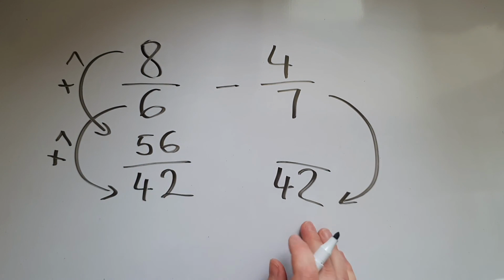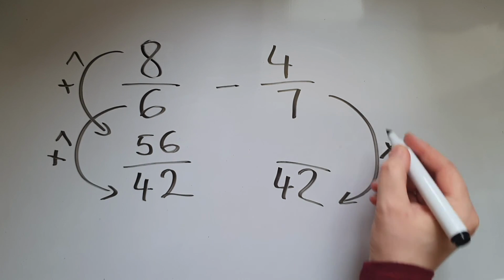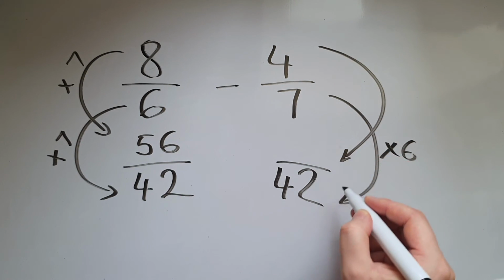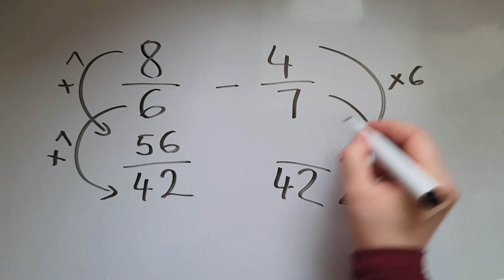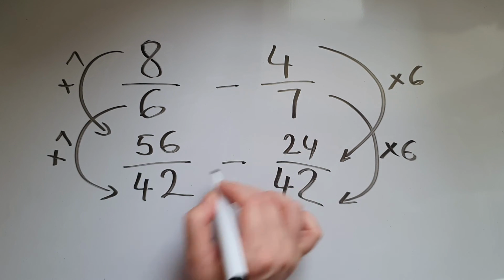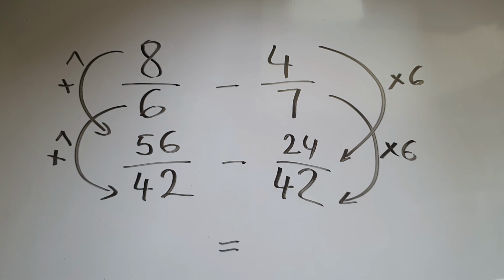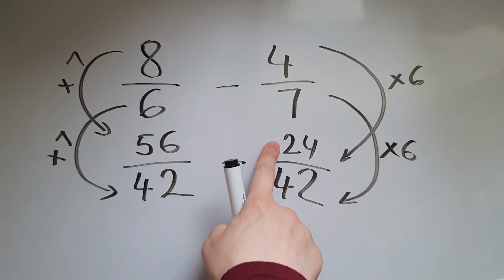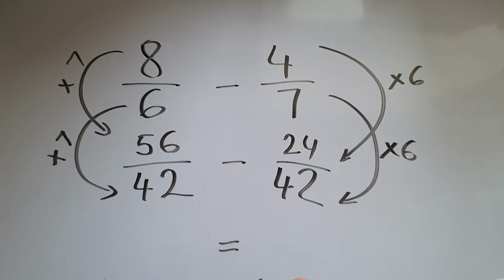To get from 7 to 42, we've multiplied by 6, so we'll do the same to the 4. And 56 take away 24, that gives us 32.